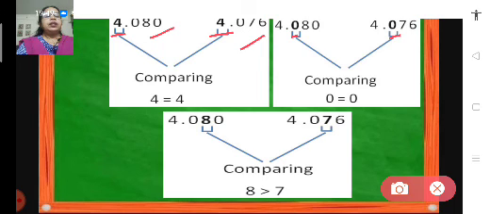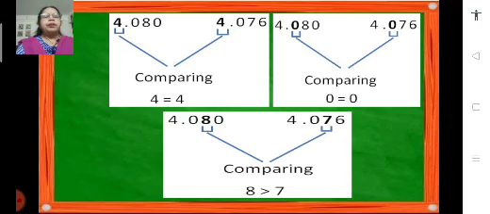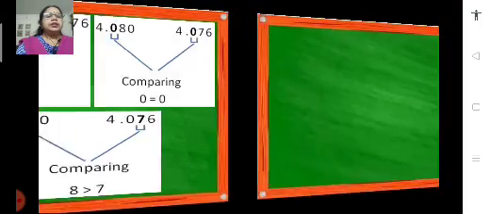They are also equal. Then we move on to the next place, that is the hundredths place, and we compare the digits there. So here we are comparing 8 and 7, we can see that 8 is greater than 7, isn't it? So this number is greater. So this is how we compare decimal numbers.